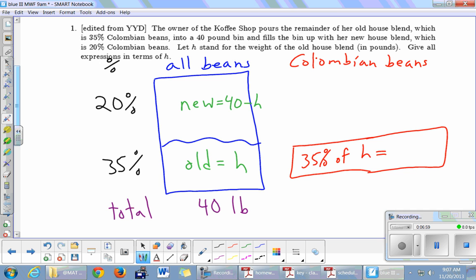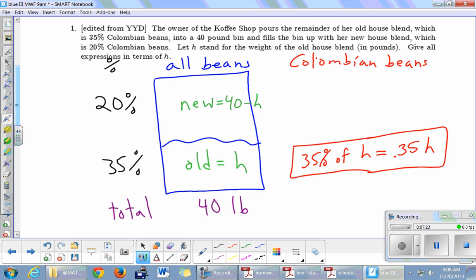But now I want to write this in some more mathematical way. So how can I write an expression for 35% of H? 0.35 H. Right? What's the assumed operation? Multiplication, right? We know that of is multiply. So change 35% into 0.35, and that's it.